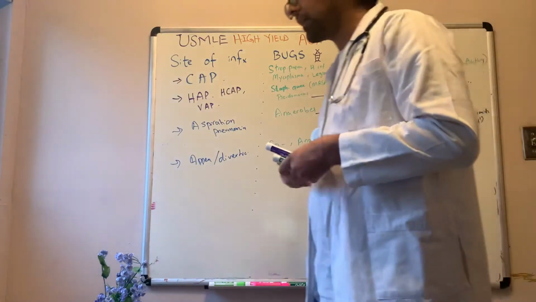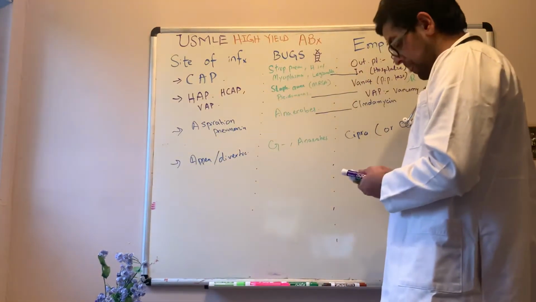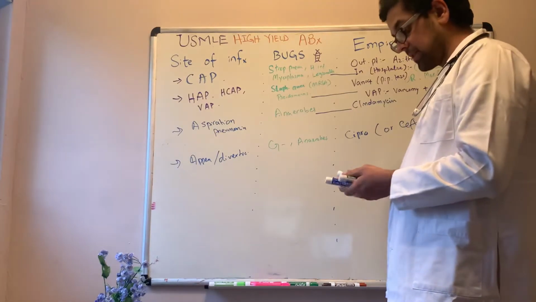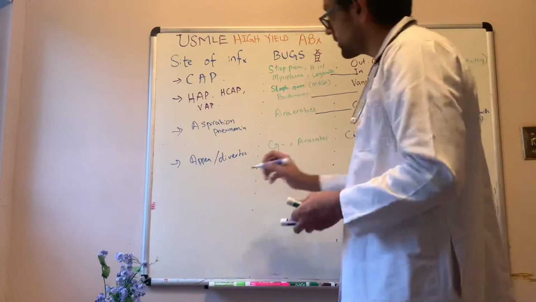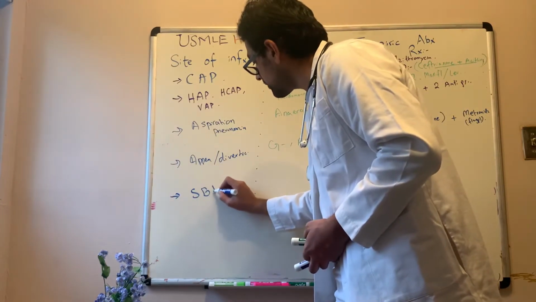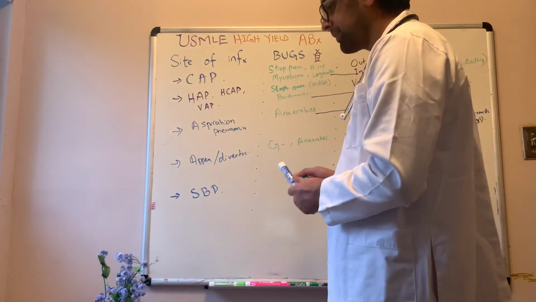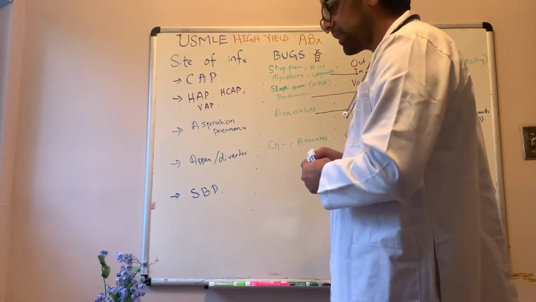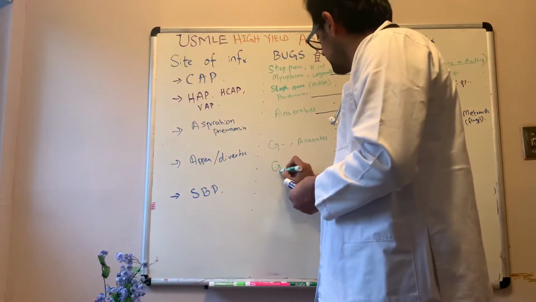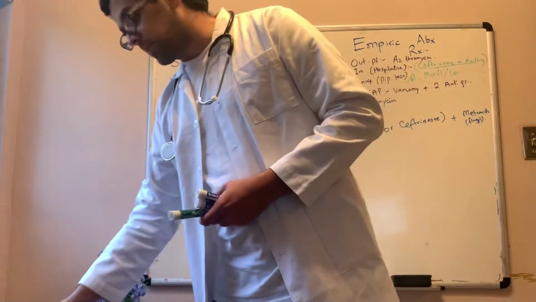Now the next thing I wrote here is spontaneous bacterial peritonitis, which is a very high yield concept. So I'm gonna write SBP, spontaneous bacterial peritonitis. What are the common bugs? So the common bugs are gram-negative. And how do we cover? So there are two treatments.